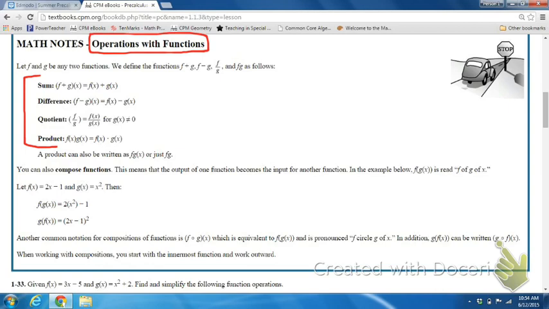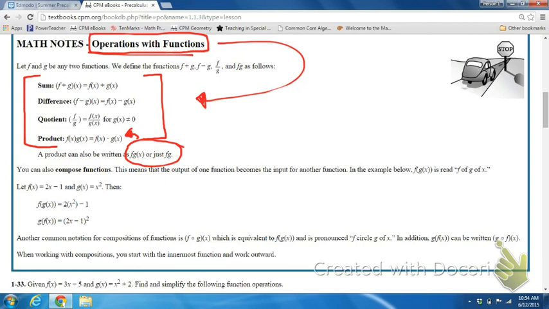This is really important. And you probably want to pause the video at this point so you can jot that down really well. So the title of it should be Operations with Functions right there. And then write each of them down exactly as they appear. A product can also be written as f of g of x or just f times g. So make sure to include that little gem in product right here at the bottom, right? So we could also write it like that.